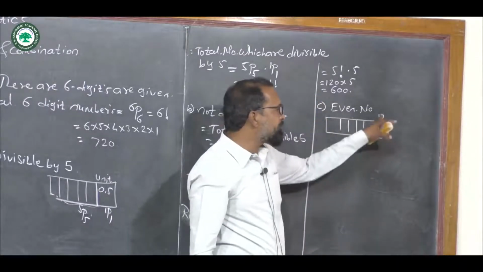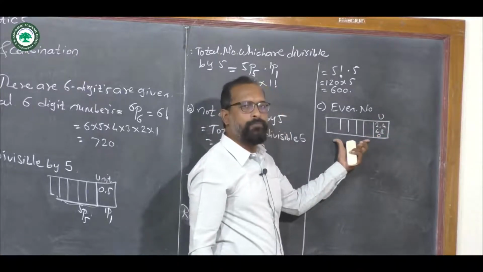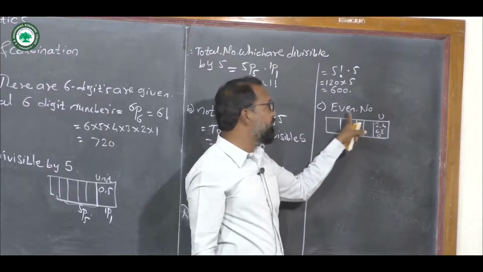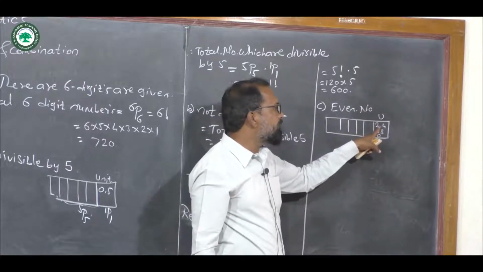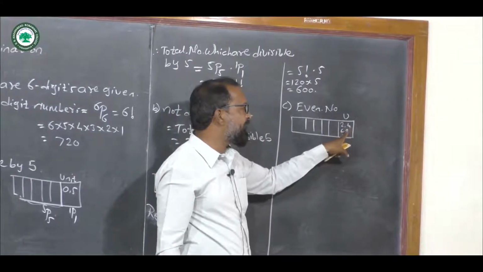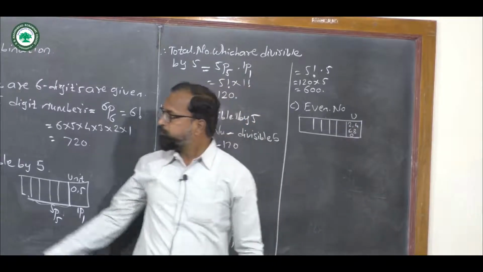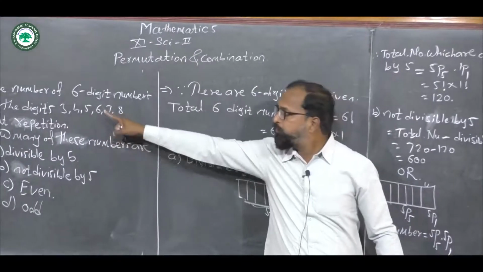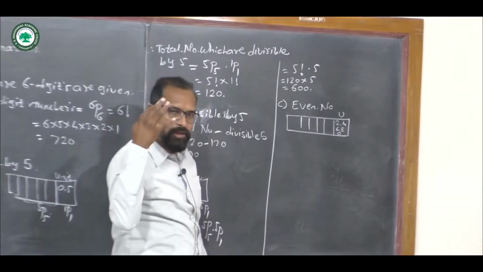That is, if its unit place contains an even digit, then the whole number is divisible by 2, and we know that a number divisible by 2 is an even number. So to form an even number, the unit place must contain 0, 2, 4, 6 or 8. And from these 5 digits, only 4, 6 and 8 are given here. That is only 3 alternatives, 3 digits are given.